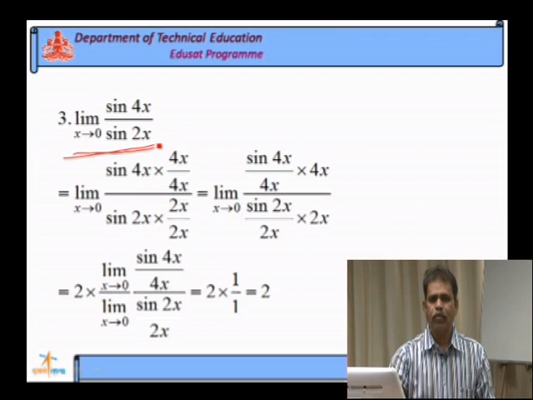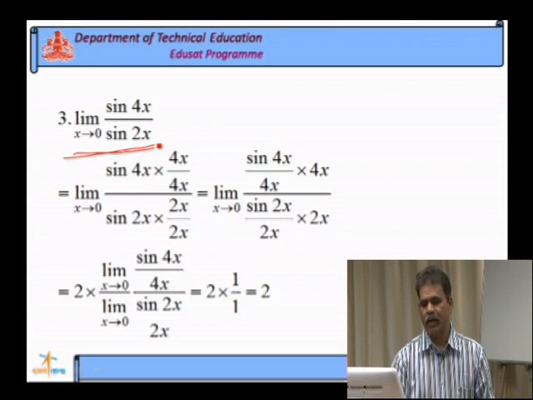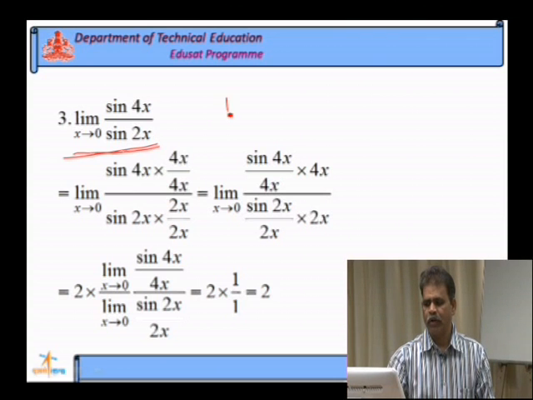To make the numerator and denominator into a standard form, what is our standard form? The limit as x tends to 0 of sin nx divided by nx. We need 4x for the numerator, 2x for the denominator.